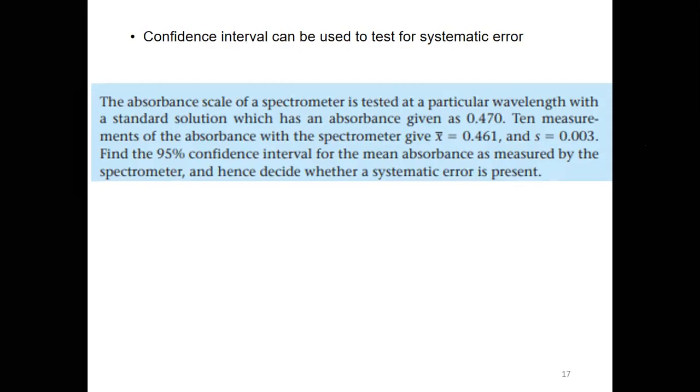What they ask is, we have to find the 95% confidence interval, and then based on that, we have to decide whether there is a systematic error or not. That's why earlier I said confidence intervals can be used to test for systematic error. So that is an application. Okay, so let's see how we can solve this problem.